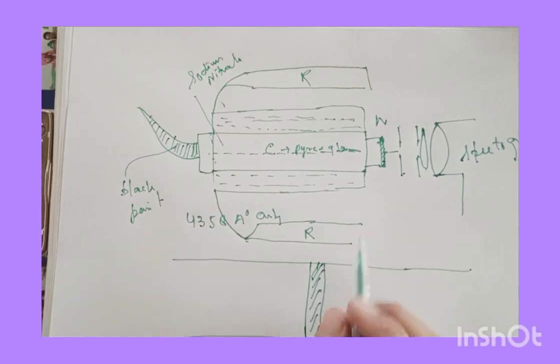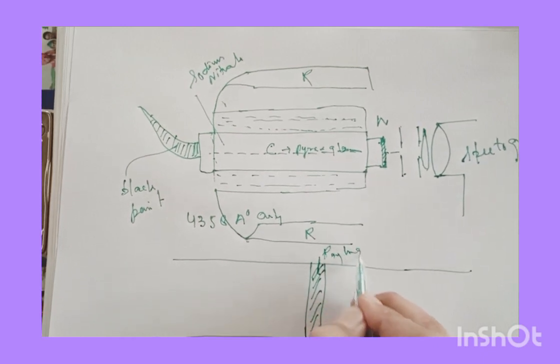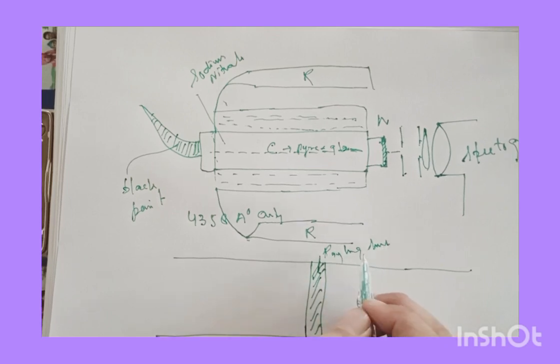The wavelength of this central line is the same as that of the incident light. It has to do with the Rayleigh line, so we call it the Rayleigh line.